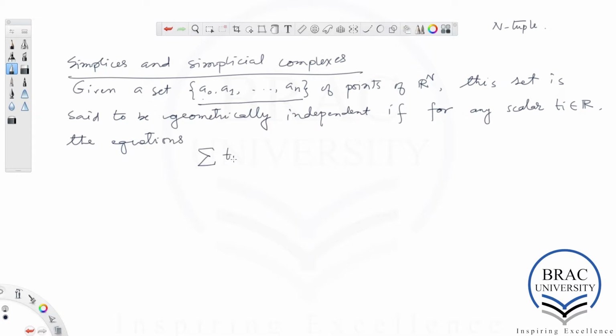One is the sum of all the Ti's being 0, and the other one being the sum of all the Ti times Ai's is 0, I running from 0 to n.